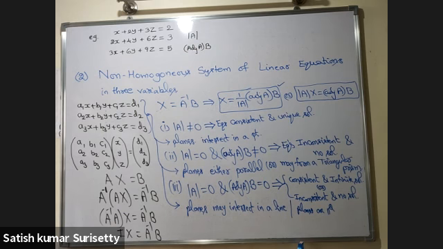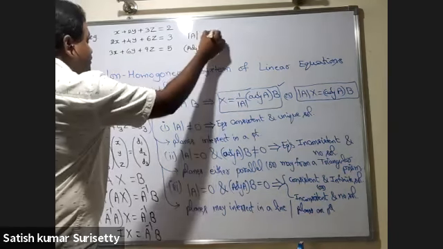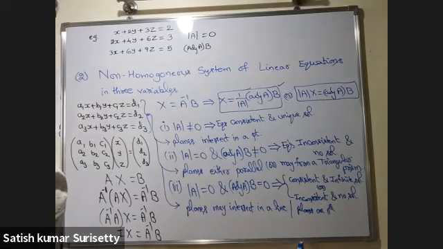So what is the determinant of A? 0. Next, calculate adjoint of A into B. Check 2-3 cofactors, then you can understand: 0.